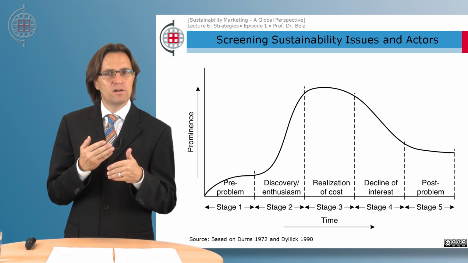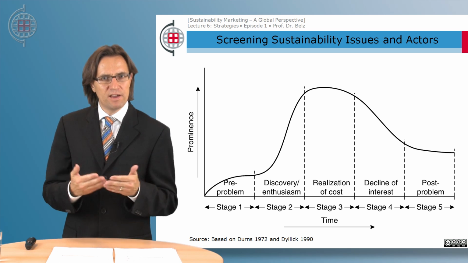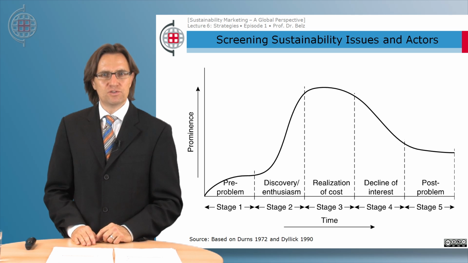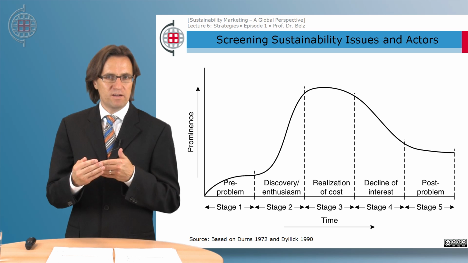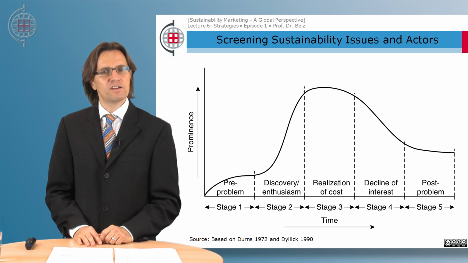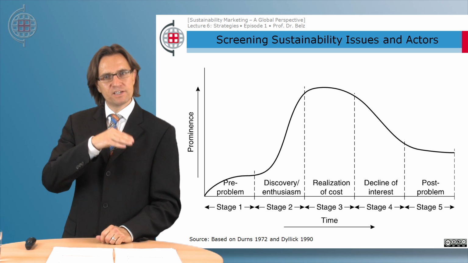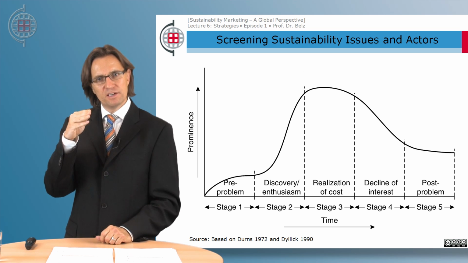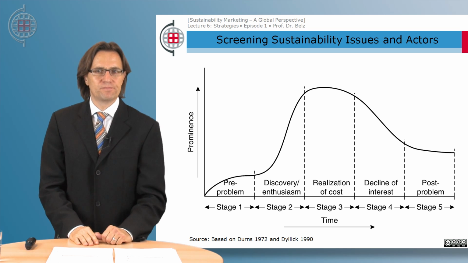There's a lot of talk about it, sometimes even enthusiasm to tackle the issue. Politicians would comment on it. Political parties would deal with it. And then they would try to find a solution to the problem until they realize the cost to tackle the issue, to solve the issue. So later on, the problem and the interest in the issue declines.